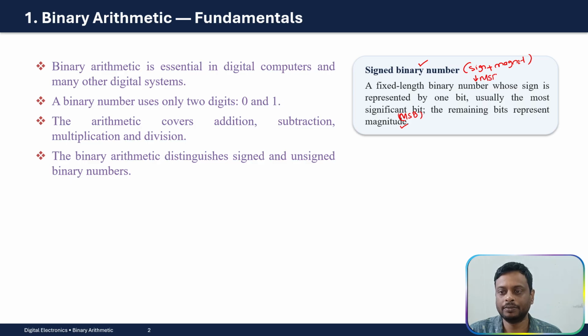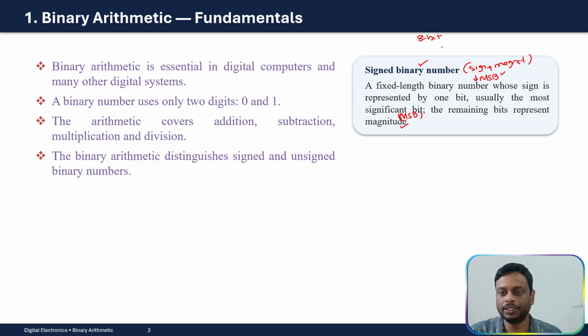We will discuss signed binary numbers in a separate lecture. But here, signed numbers have two parts: a sign part and a magnitude part. The sign part is reserved for the MSB. Suppose we are dealing with an 8-bit signed binary number.